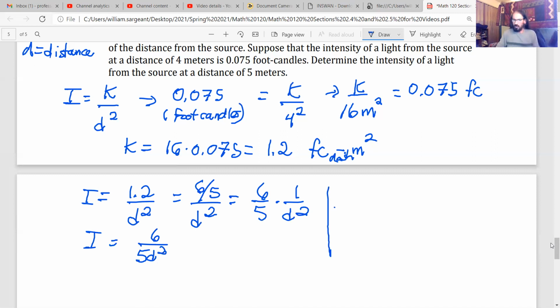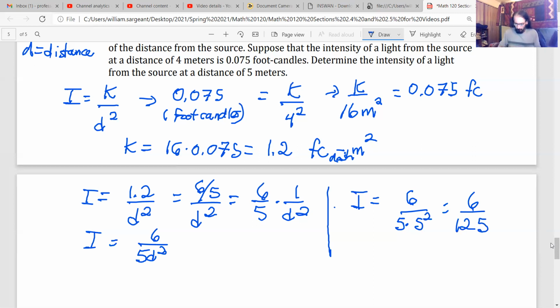We're supposed to use that when the distance is 5 meters. Since we're going up from 4 to 5, we should expect the intensity to go down because we have inverse variation here.